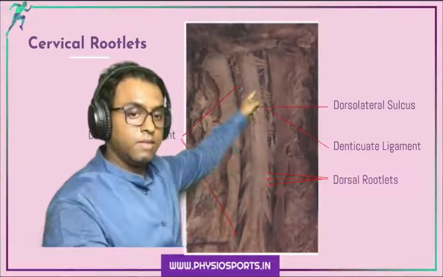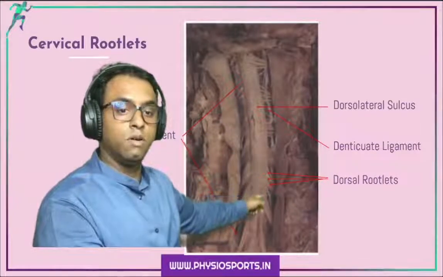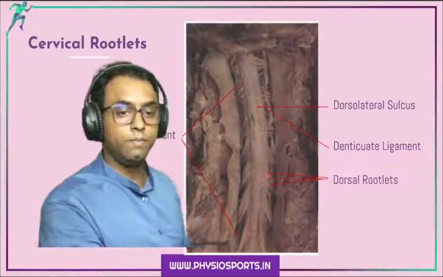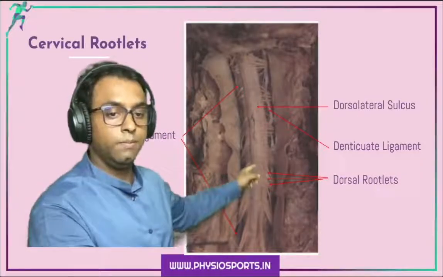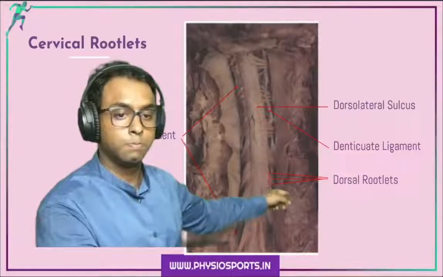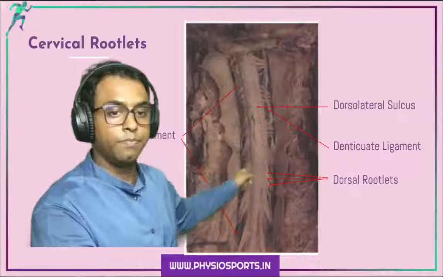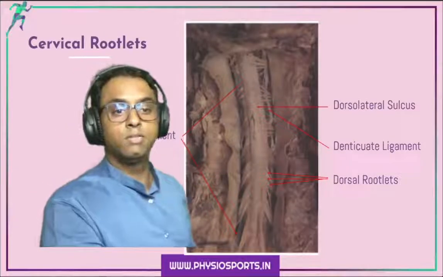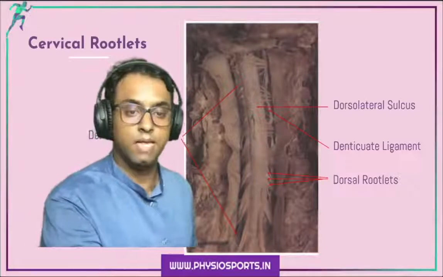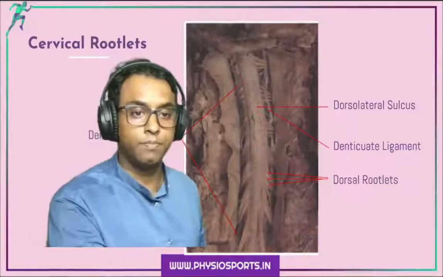This is the dissected portion of the spinal cord from the dorsal view. Now, as you can see, those are the rootlets. The dorsal rootlets are shown over here, and ventral rootlets are not visible as they lie on the ventral side.